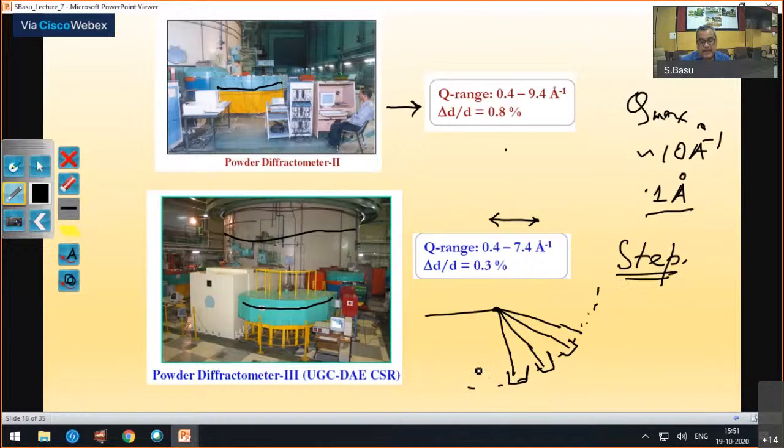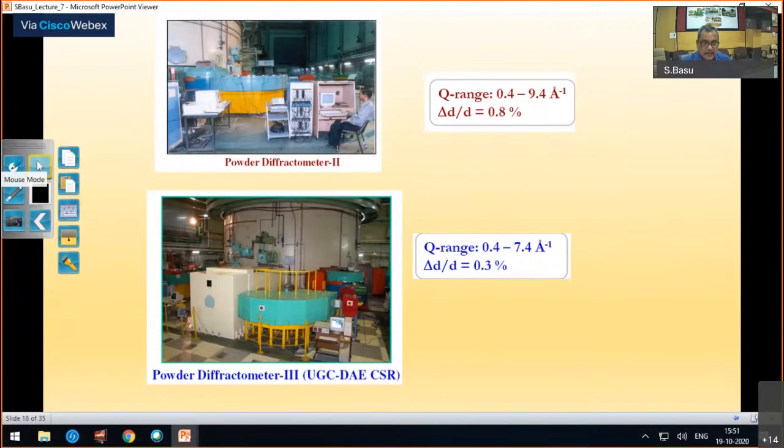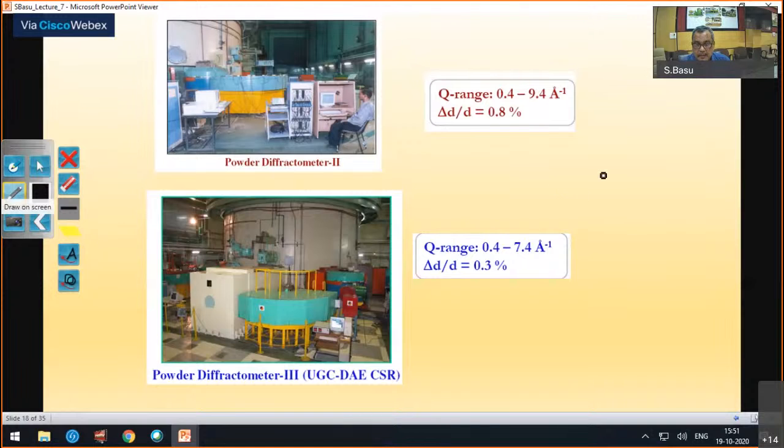And that takes time. Today, there are something called position sensitive detectors inside these radiation shieldings. These are the shieldings for those detectors. A position sensitive detector works somewhat like this. You have the sample, and a monochromatic beam, as I told you earlier, falls on it. Now you have a position sensitive detector.